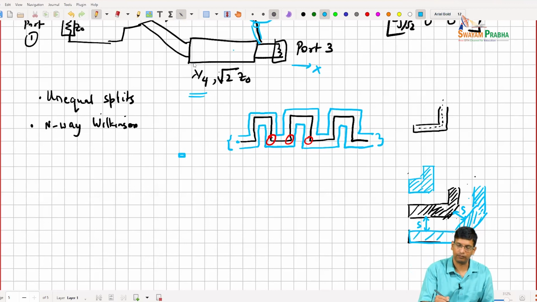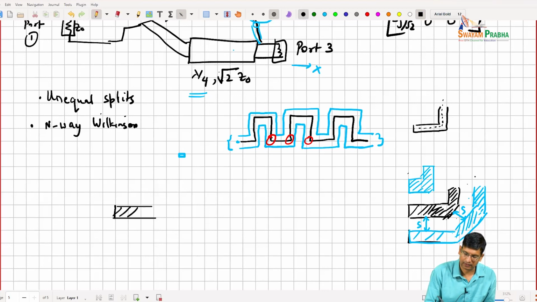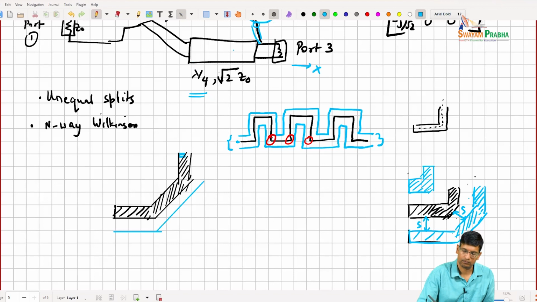If you like, you can do it even more gradually, where you have the bend as something that looks like this, and then you have something that runs even closer to that.